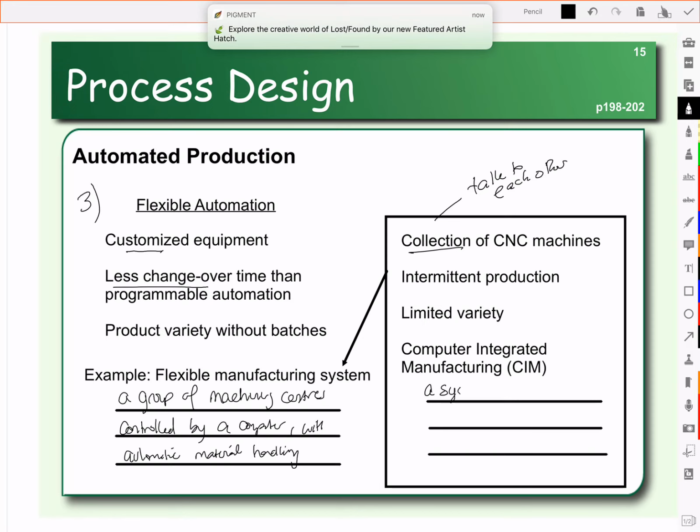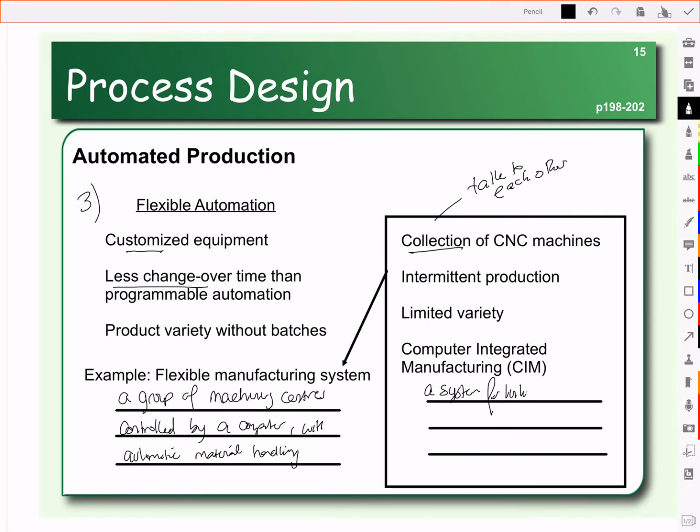This is a system for linking a broad range of manufacturing and other activities through an integrated system.